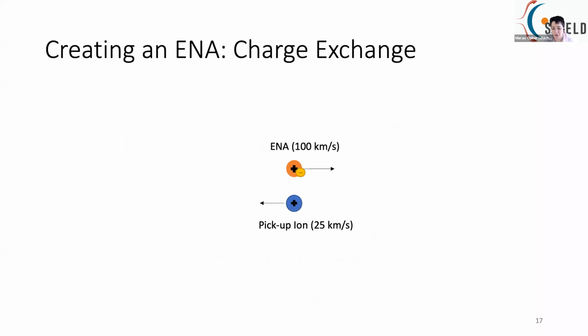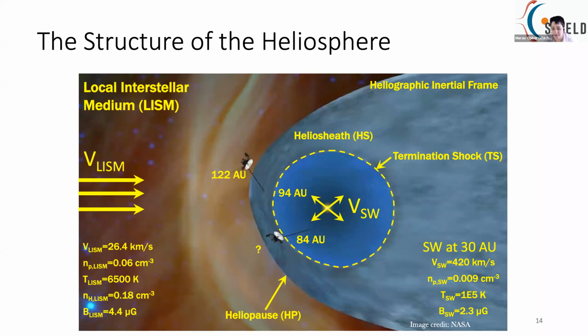But I will just tell you quickly the answer for that. We discovered that back in 2006. This was before the crossing. We had a prediction, and then the crossing really confirmed it. There was no reason for the heliosphere to be symmetric north and south if the interstellar medium had some degree of asymmetry.